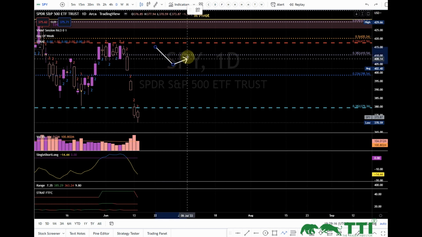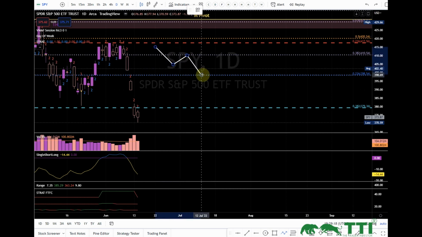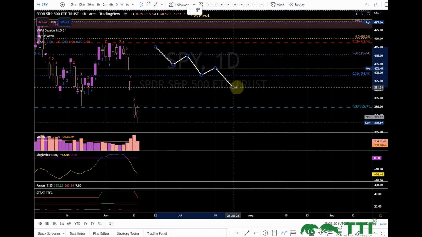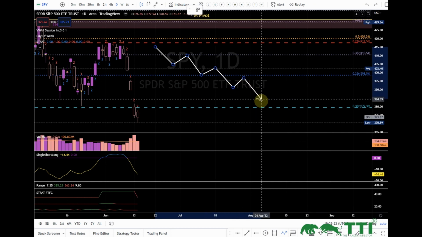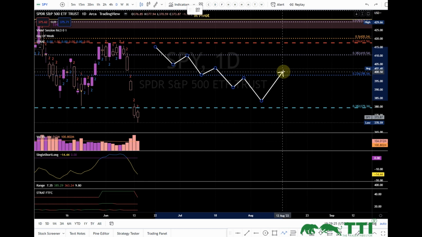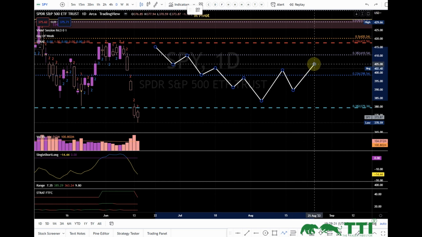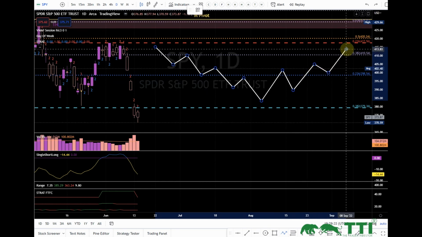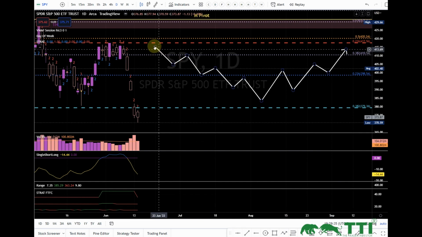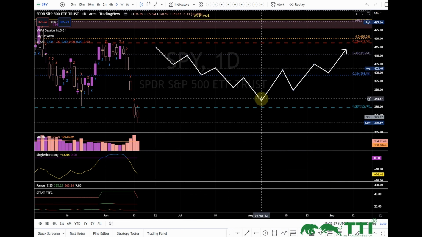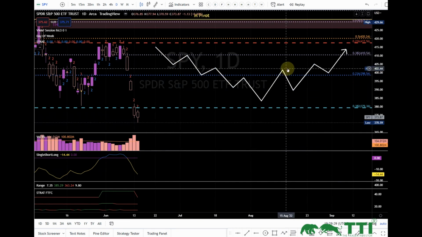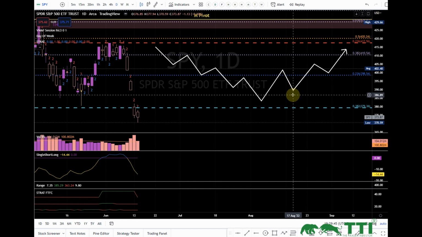You're having lower highs, lower lows, lower highs, lower lows, and all of a sudden you have a higher high and a higher low, right? So you are in a downtrend, you are breaking that downtrend. And so here again, you can have your one here or you can have your one here.